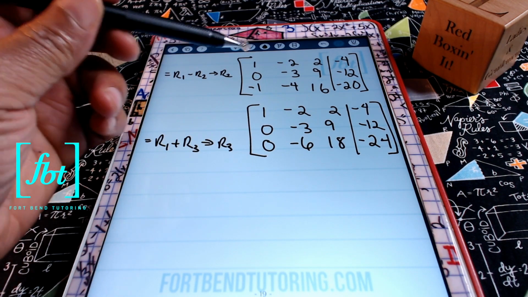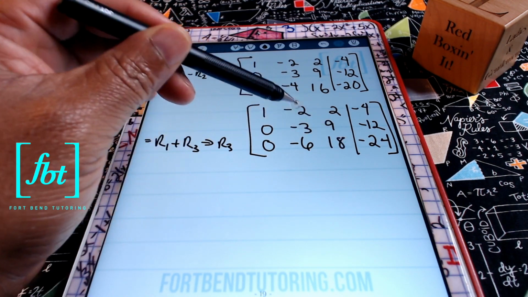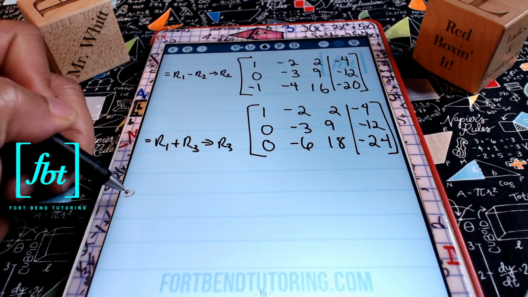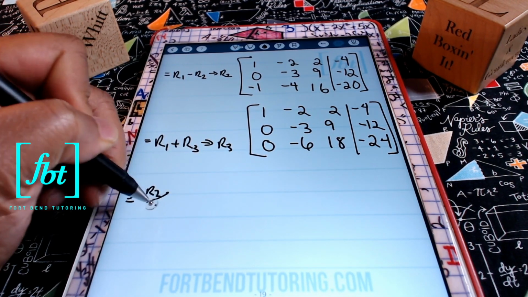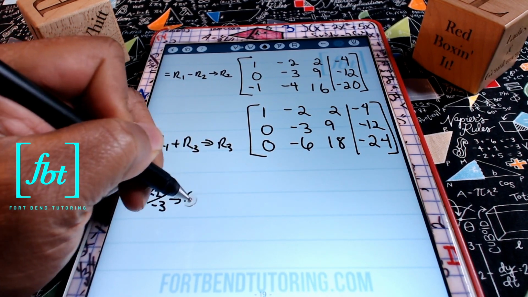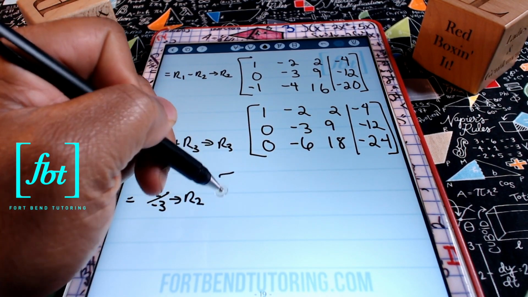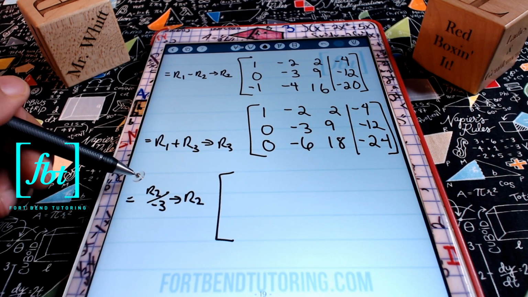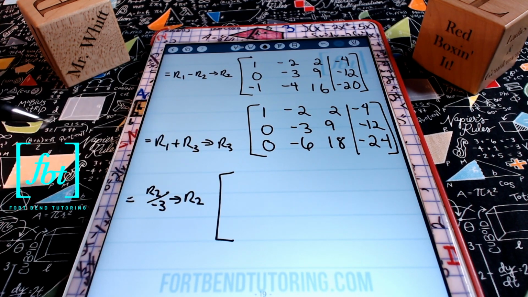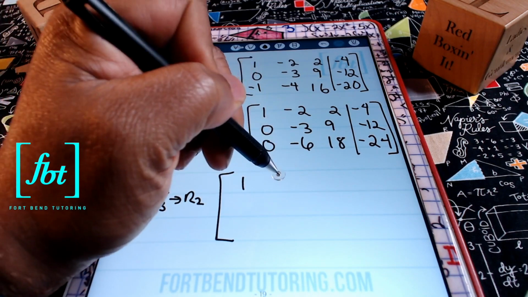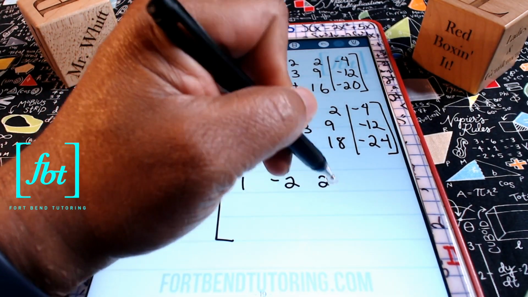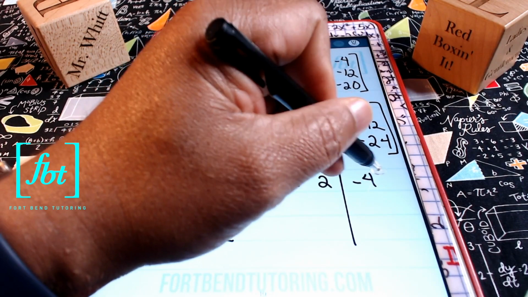Next, we'll want to get a 1 down this main diagonal where the -3 is. We can easily do that by dividing row 2 by -3, putting the result in row 2. So once again, we're going to be dividing row 2 by -3 and then putting that result in row 2. So that means that the first row will remain the same. I have 1, -2, 2, as well as -4 for that first row.